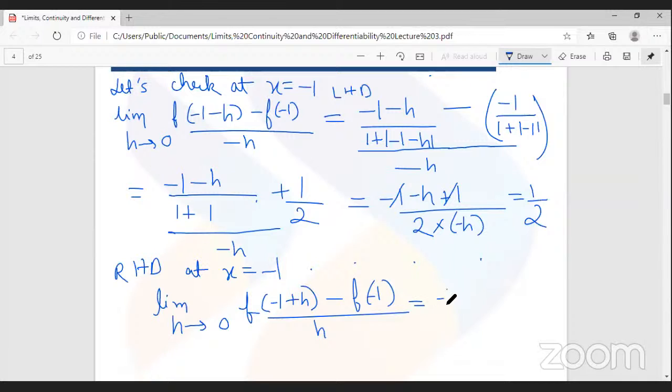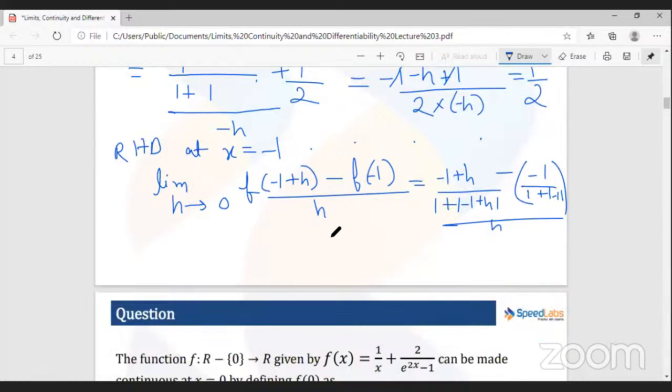So this becomes (-1 plus h) upon 1 plus mod of (-1 plus h), minus f of -1 is -1 upon 1 plus mod of -1, upon h.